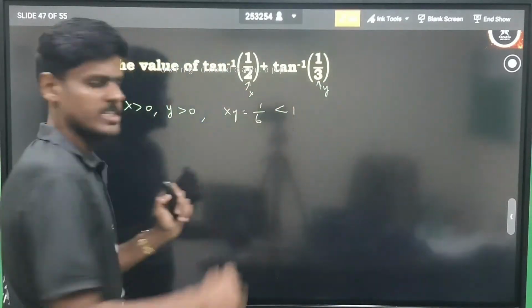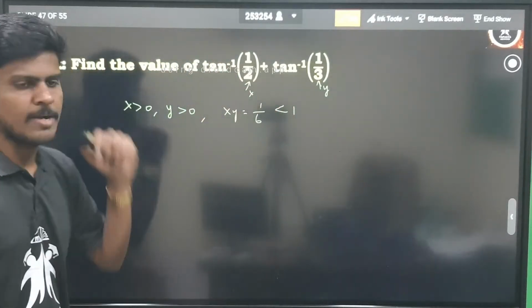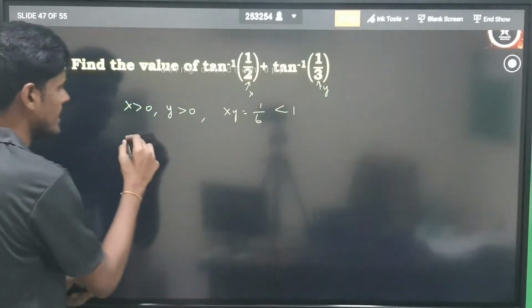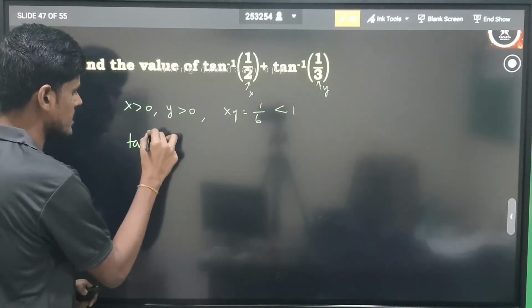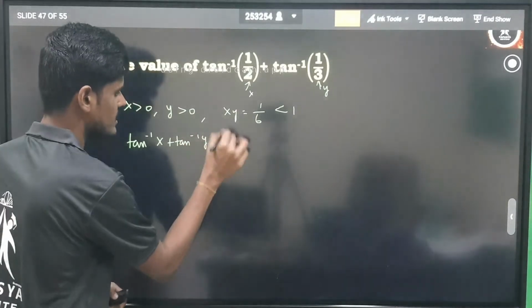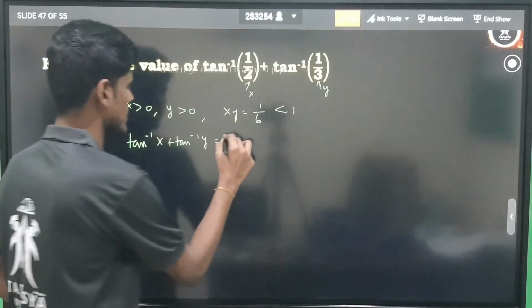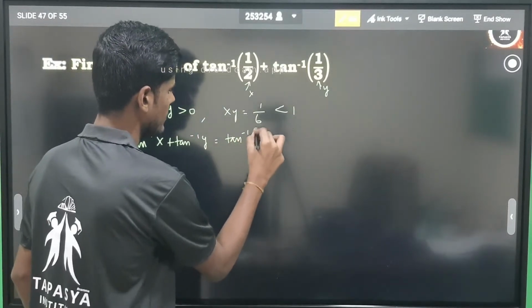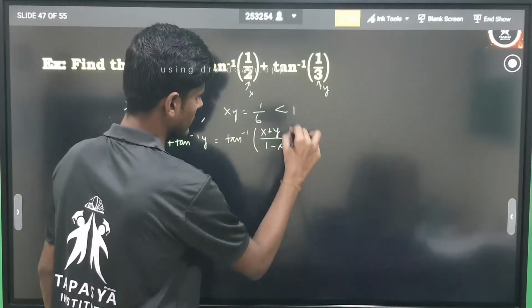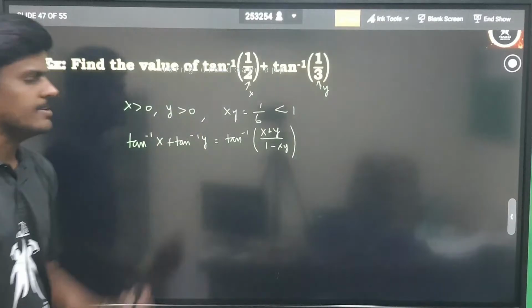Now after establishing this condition, we should see which formula to be used. So as this condition is satisfied, tan inverse x plus tan inverse y is equal to, what is the formula, students? Tan inverse x plus tan inverse y is equal to tan inverse of x plus y by 1 minus xy. Just substitute in the values.